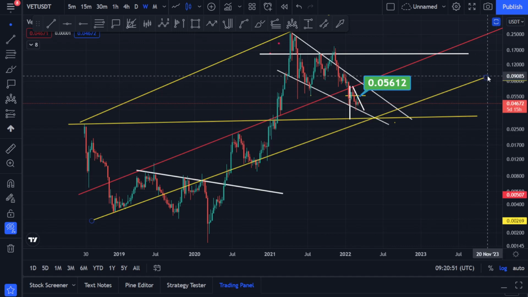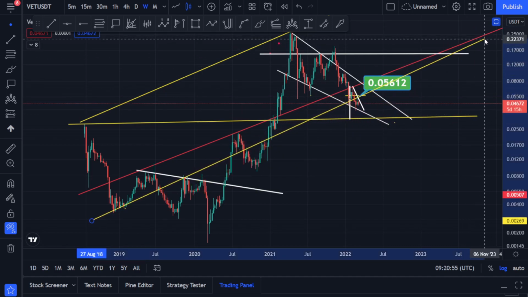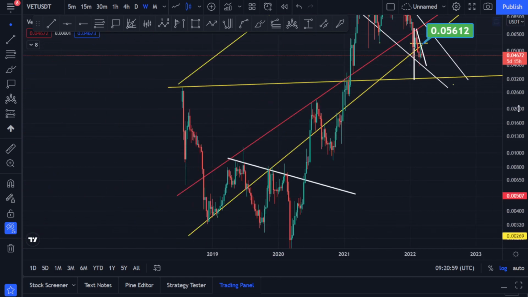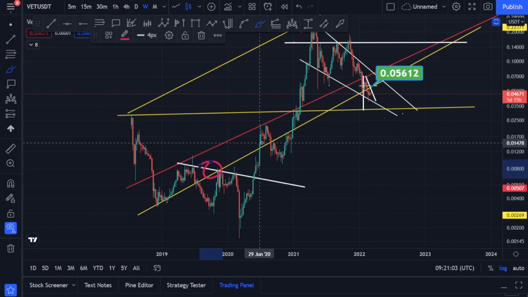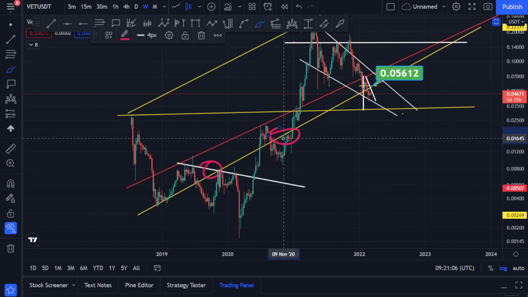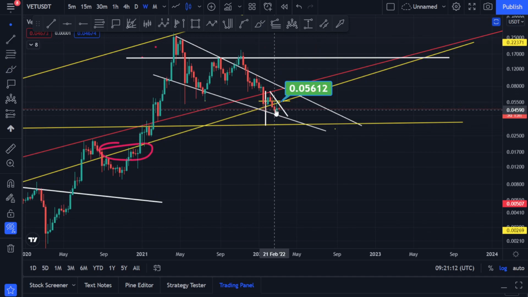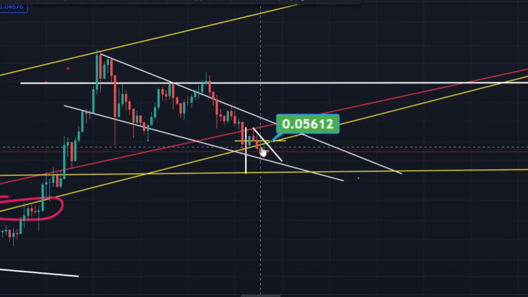Because you can take this line and bring it right over here, and you can see the reason we can also bring it over there, because exactly this was also an area of support and resistance at some point. And you can see VeChain did come and break it, and this is where the resistance is also coming from.